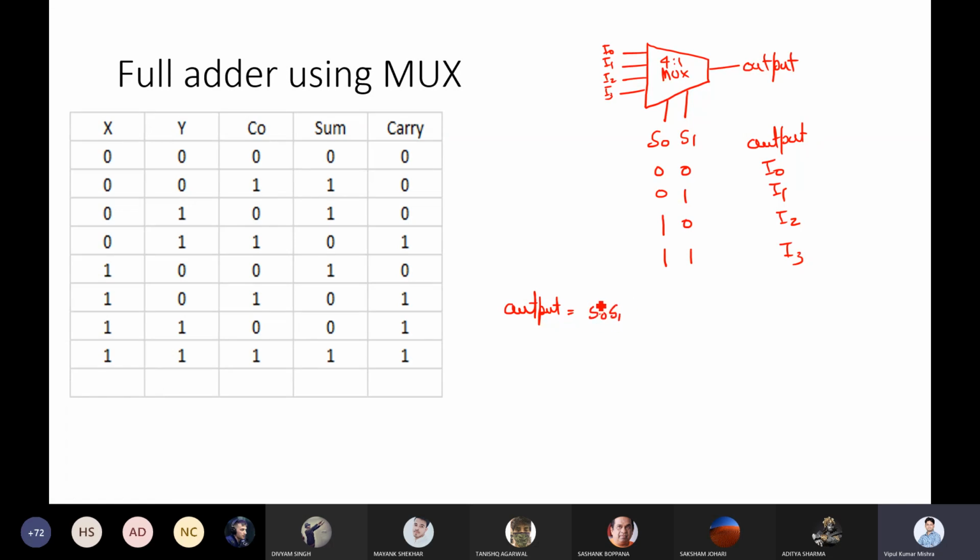If you recall, S0 bar S1 bar I0 plus S0 bar S1 I1 plus S0 S1 bar I2 plus S0 S1 I3. Are you able to recall this mux diagram and mux equation? Yes, sir. Right.